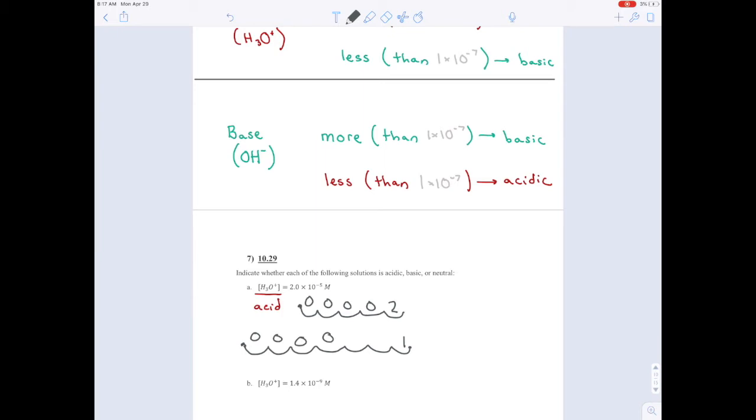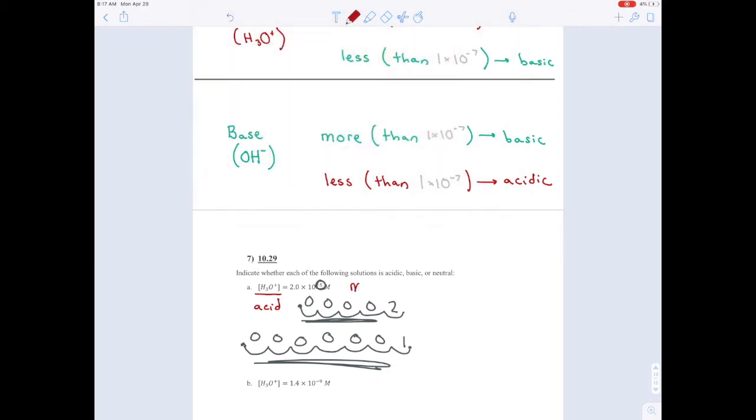So you can see that this exponent here, because it's negative, tells you how many zeros are going to be in front of that number. And you can see how 10 to the negative 5 has fewer zeros than 10 to the negative 7. So 10 to the negative 5 is more.